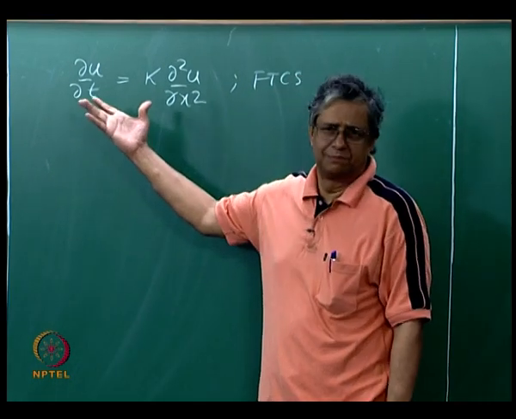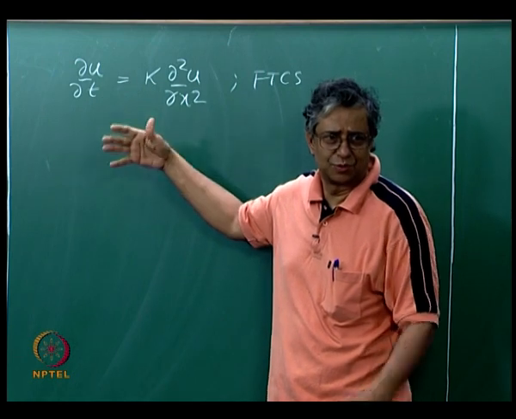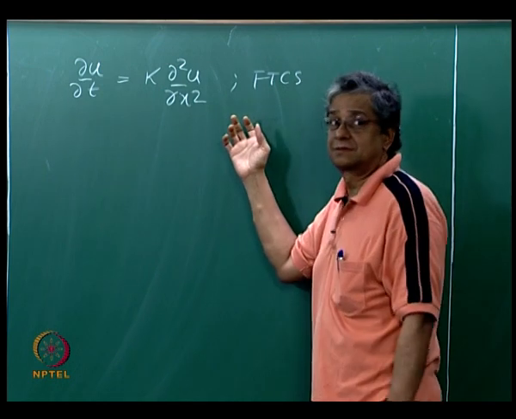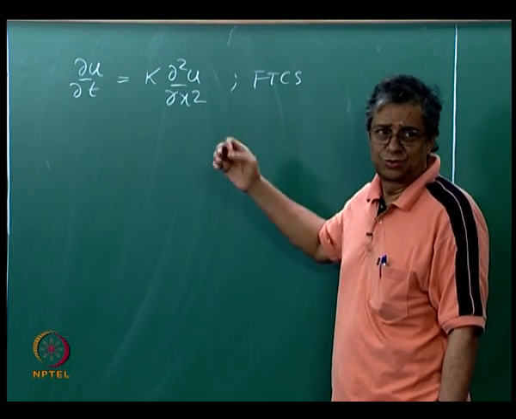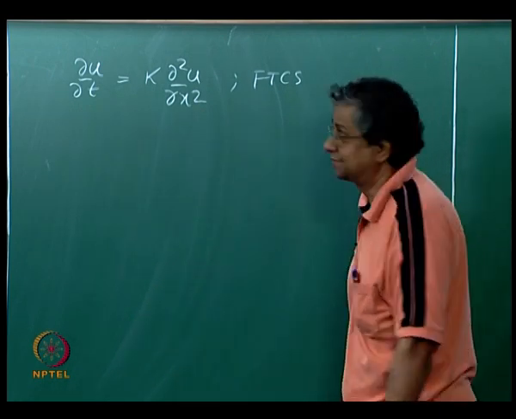again the problem by itself is not complete. I mean, I have to tell you what the boundary conditions are, what is the actual physical problem that we are solving. But since von Neumann stability analysis is only at a grid point, we can just discretize this and answer that question.